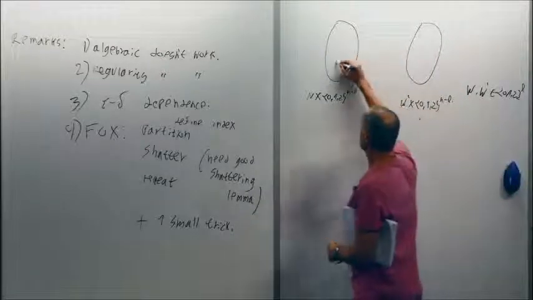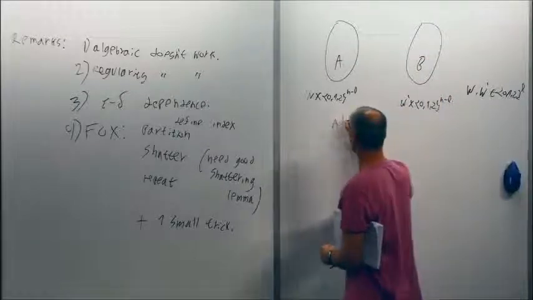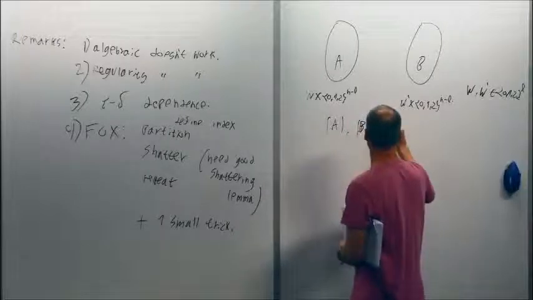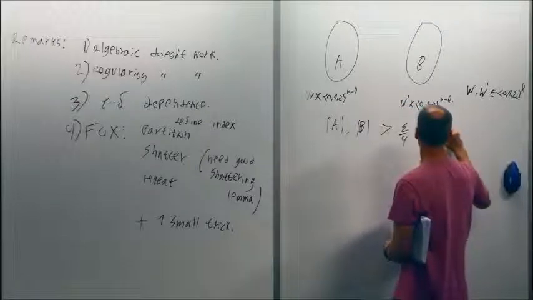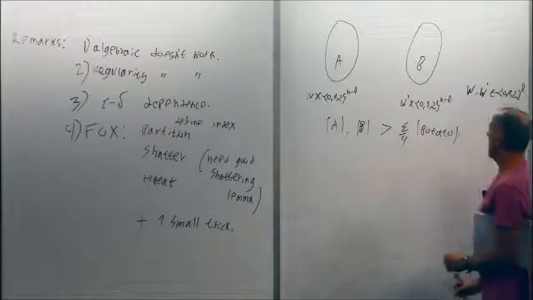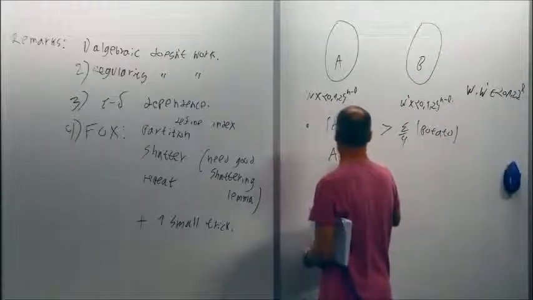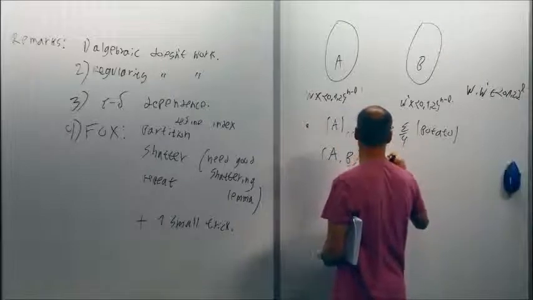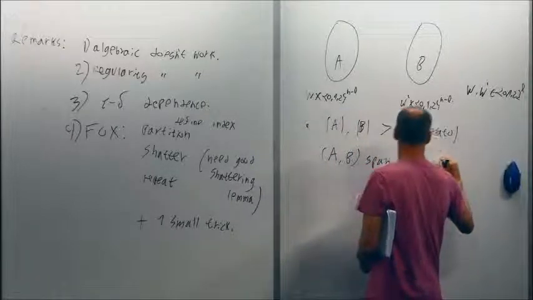And now we have here a set A and here a set B. My assumptions are that the size of A and the size of B are at least epsilon over 4 of the size of the potato. And A and B span few edges.